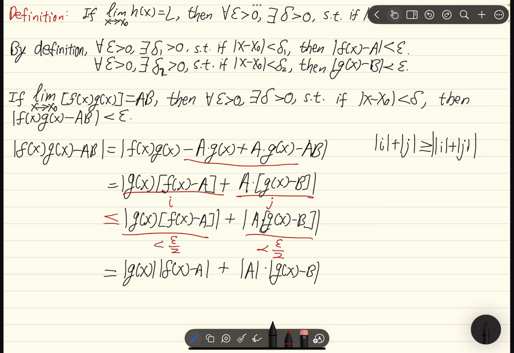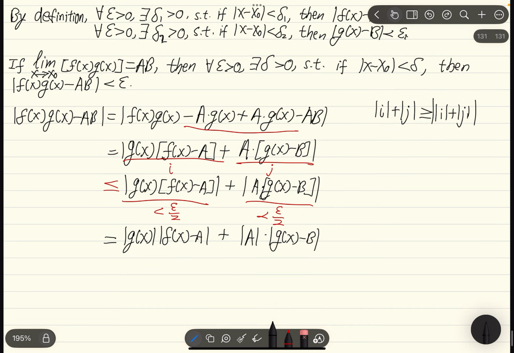So okay, what I mean by it is, let's call this epsilon 1 and let's call this epsilon 2, right? And then we have a completely new epsilon here. Then for this epsilon 1, we want epsilon 1 times the maximum value of the absolute value of g(x) to be less than epsilon over 2.